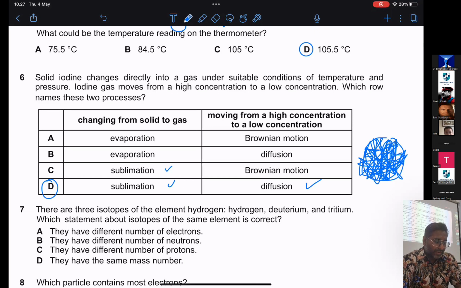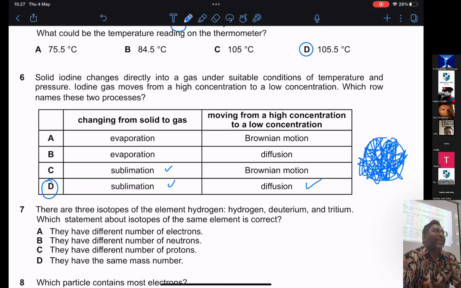Which row names these two processes? Solid to gas is going to be sublimation, and moving from high concentration to low concentration is going to be what? Brownian motion or diffusion? Are you sure? No.